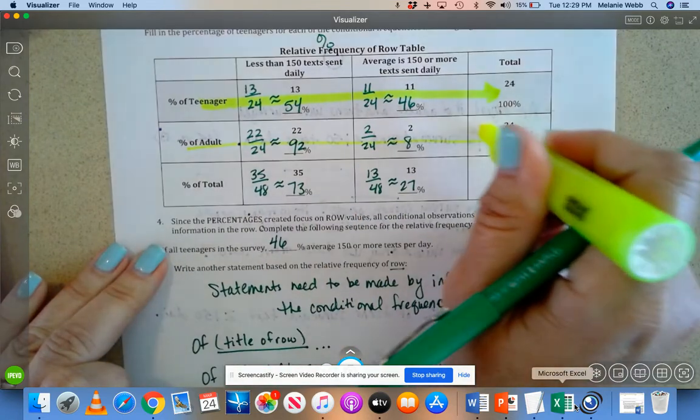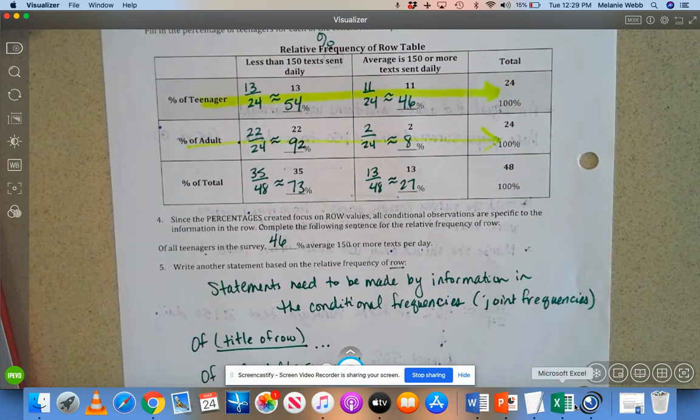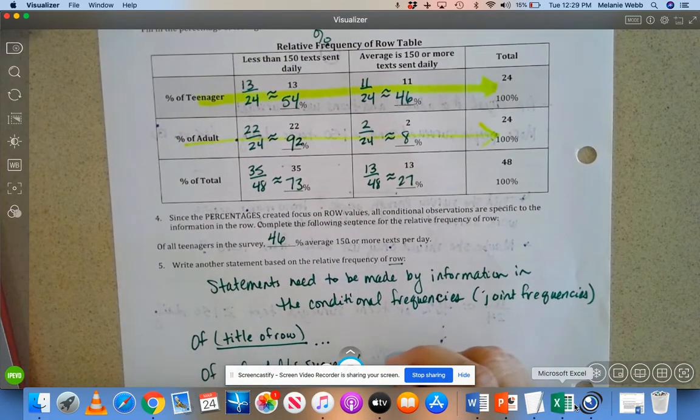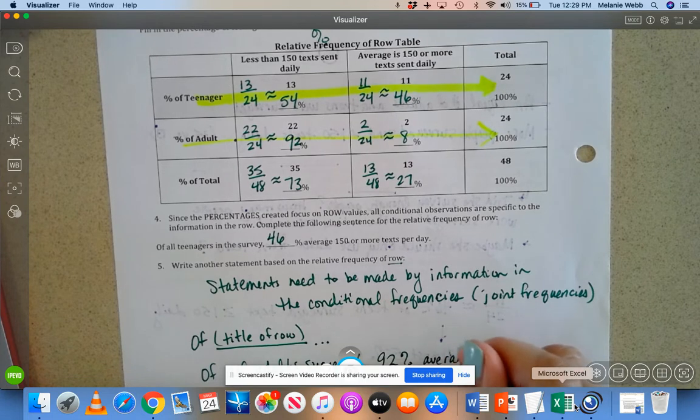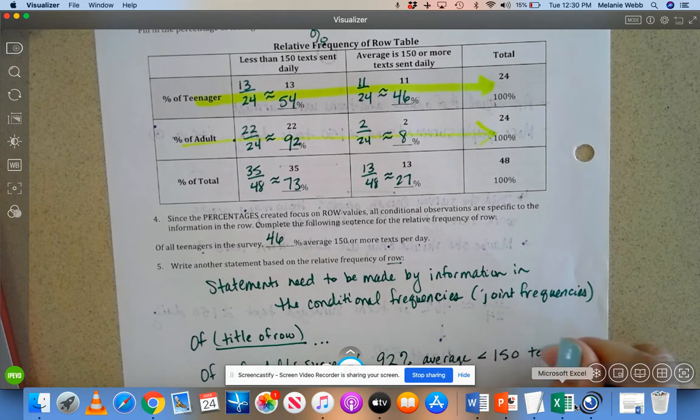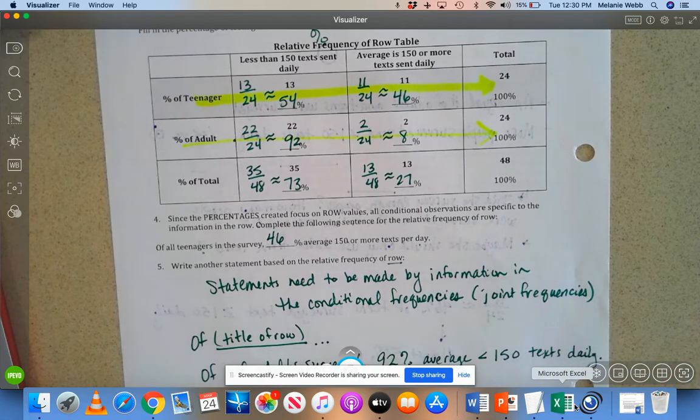Because I'm talking about of the adults surveyed. Of adults surveyed, 92% send less than 150 texts daily. That's a statement by row.